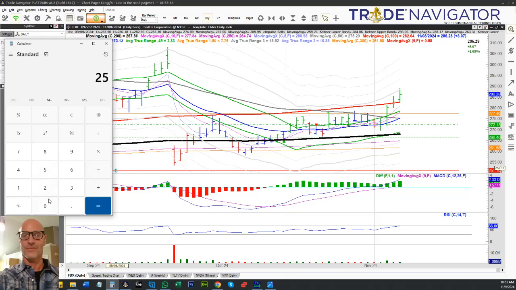So I take $25,000 and I divide it by the value of the 2 ATR. Right now it's 10.35. So whatever it is on the day that I take the trade, it was different back when I took it, but let's just say it's 10.35. 25,000, 1% is 250, divided by 10.35.